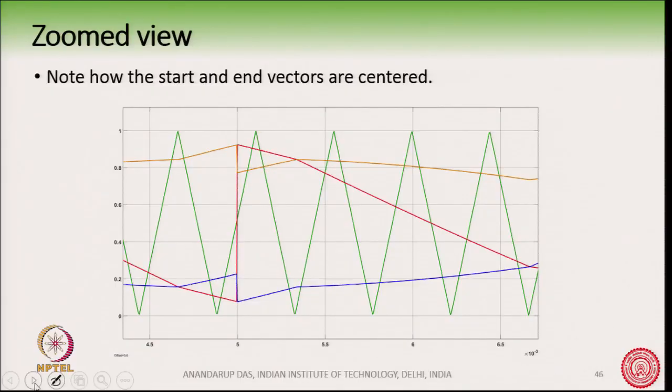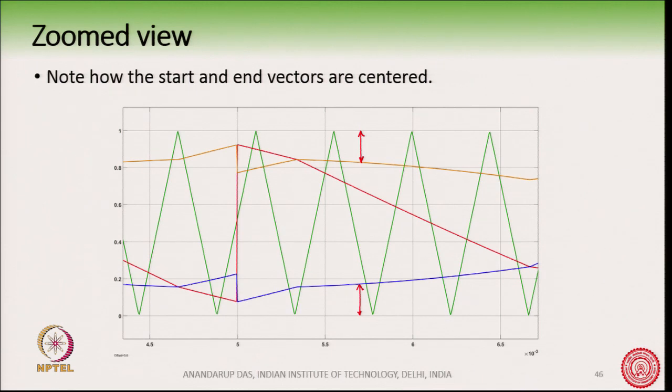So, here we have zoomed in. This is a zoomed version of the same three waveforms, but now with the carriers. You can note carefully that we have zoomed in on the carrier versus the three waveforms, and here you can see that this distance and this distance are equal, always equal.